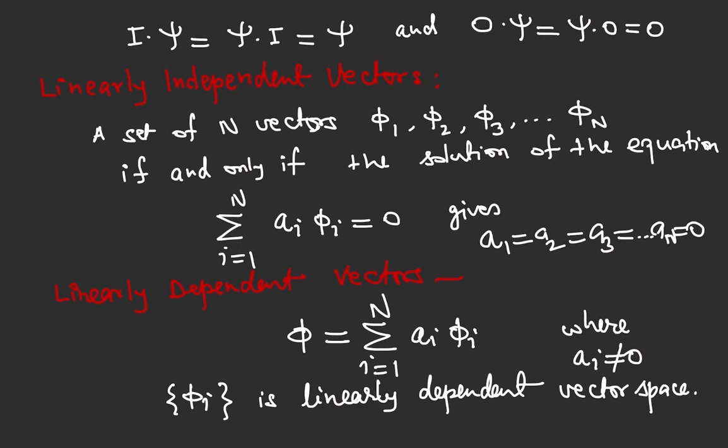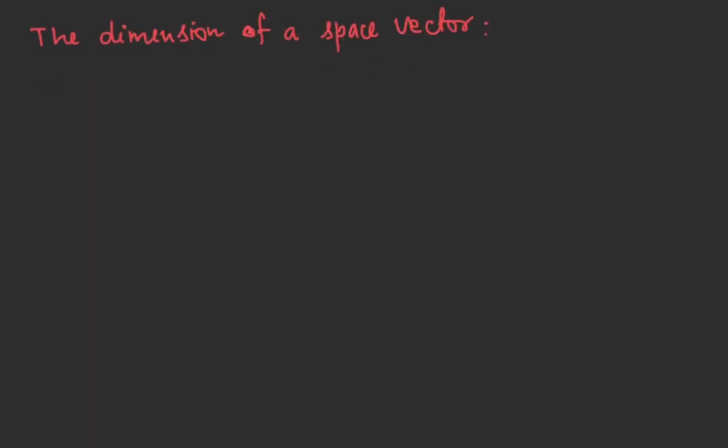Now we'll learn about the dimension of a vector space and the basis of a vector space. The dimension of a vector space is the maximum number of linearly independent vectors that the space can have.